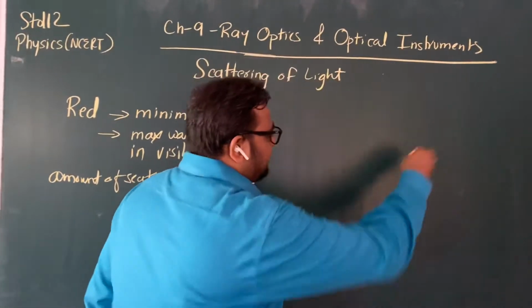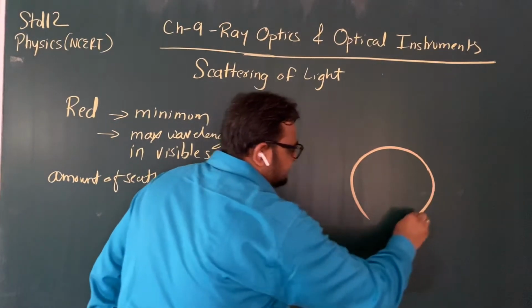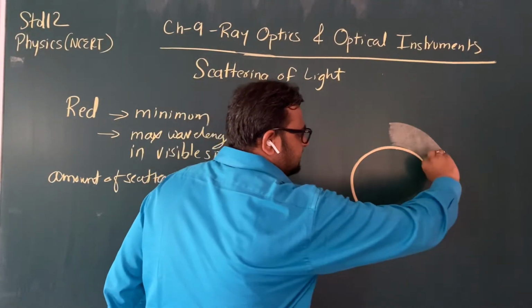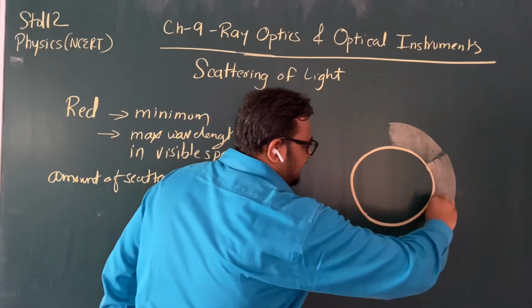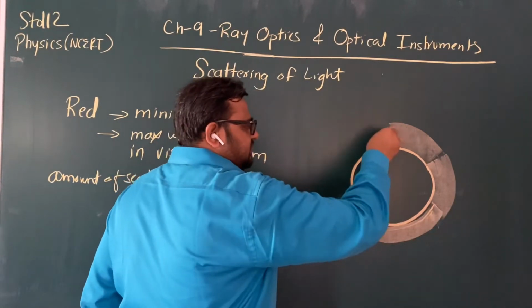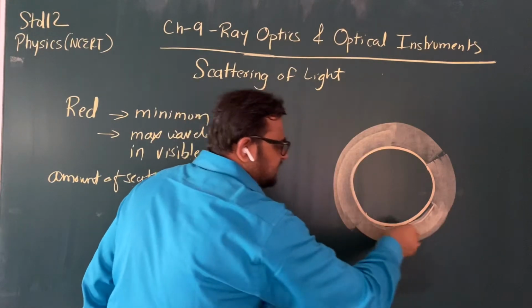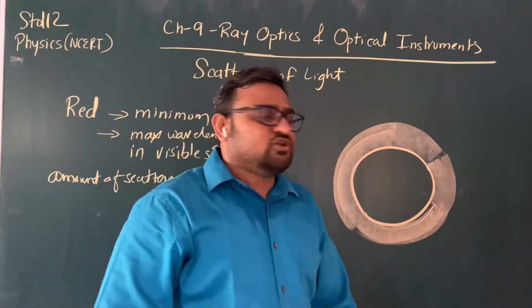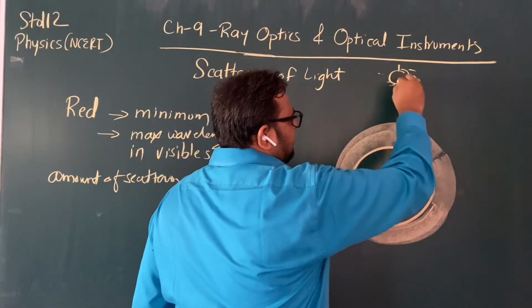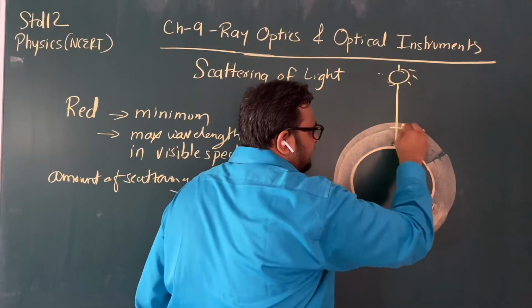Just for example, if this is the earth and this is the atmosphere surrounding the earth, right? So now when sunlight reaches the earth, what happens?